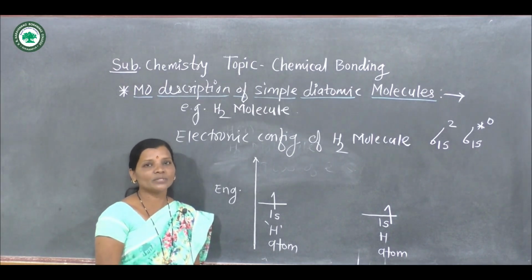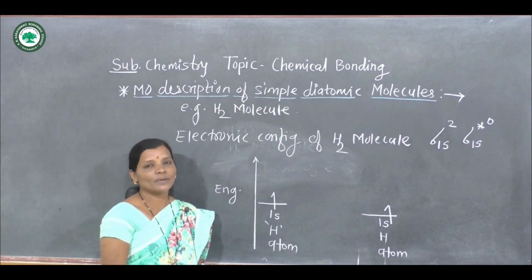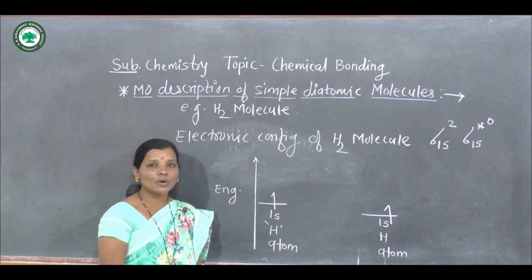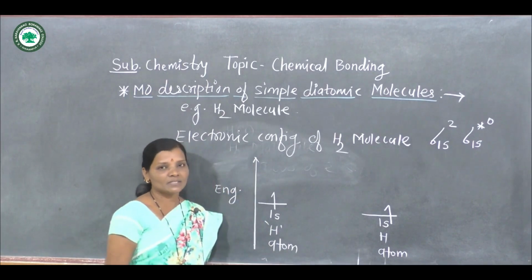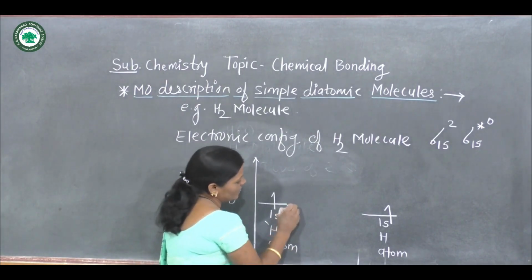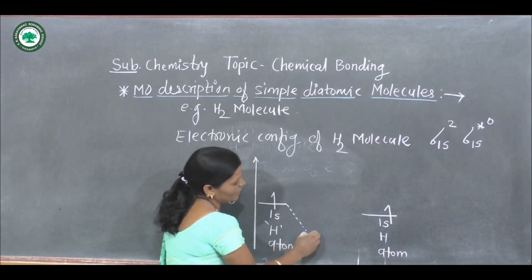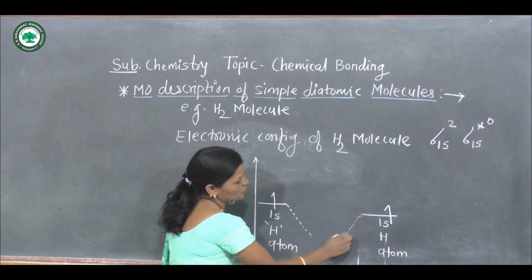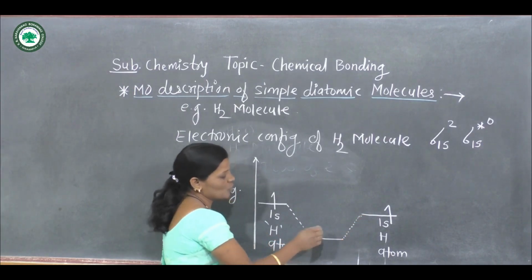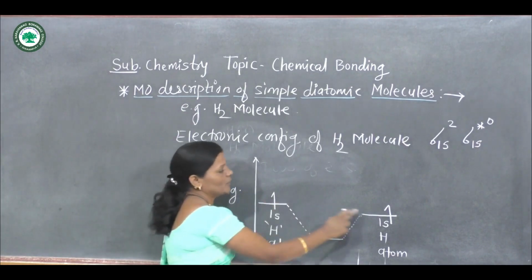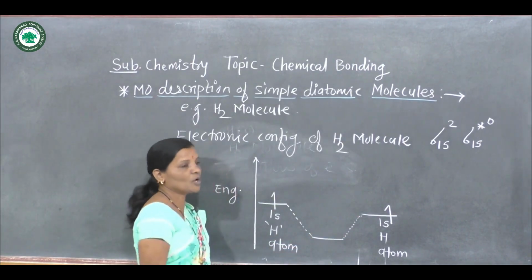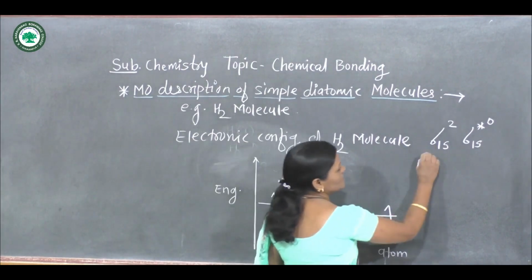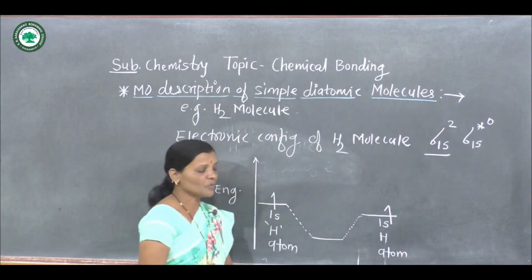And also we know that the bonding molecular orbital is having lower energy than the corresponding atomic orbitals, and hence that lower energy orbital of this H2 molecule is shown below the atomic orbital energy level, and this bonding molecular orbital of this H2 molecule is nothing but sigma 1s.